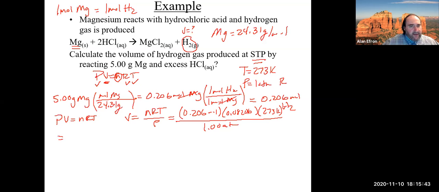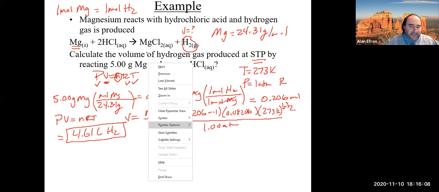Everything cancels out except for the volume, which will be in liters. If we do that, we end up with about 4.61 liters. That would be how much hydrogen gas we would expect to produce, which is also the theoretical yield in terms of volume in this case.